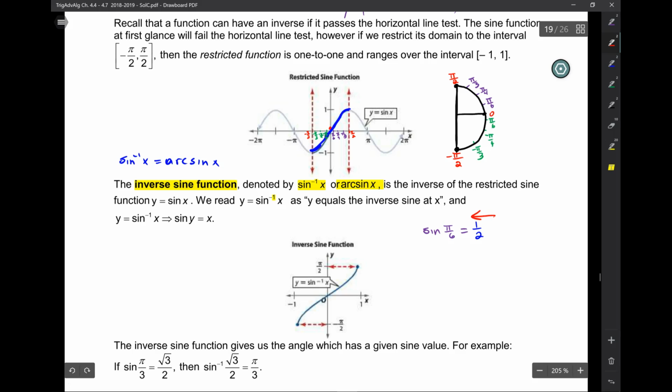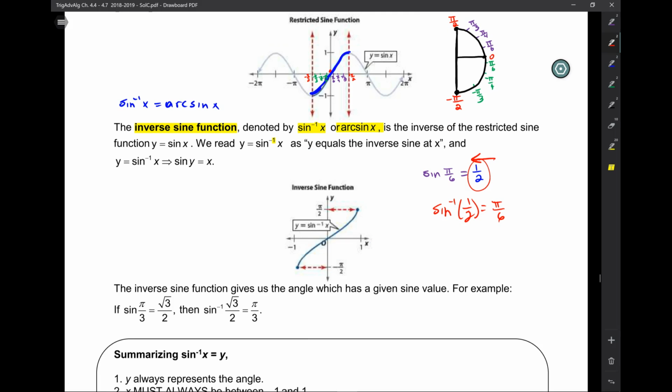If you have 1/2, what is the angle, the sine of which is 1/2? And you tell me pi over 6. So basically, for which one of these angles on this half circle will the sine be 1/2? Do it for each one. Or if you can just see it, then you can see it.